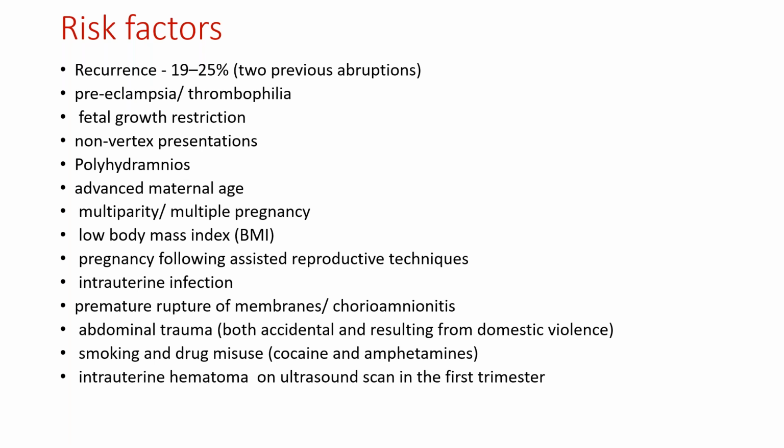What happens in those cases is that because of that separation, that injury has occurred, the supply to the fetus is decreased, and because of that there is fetal growth restriction. We don't get any signs of placental separation on imaging.